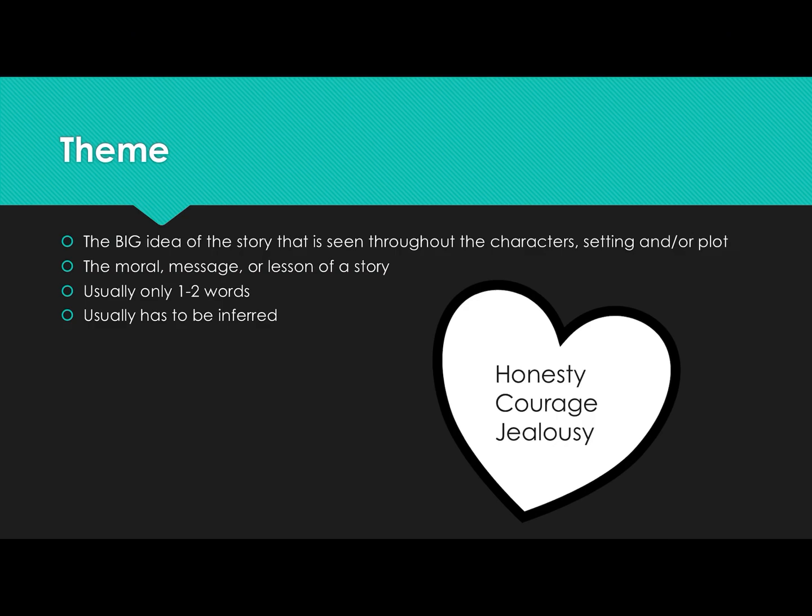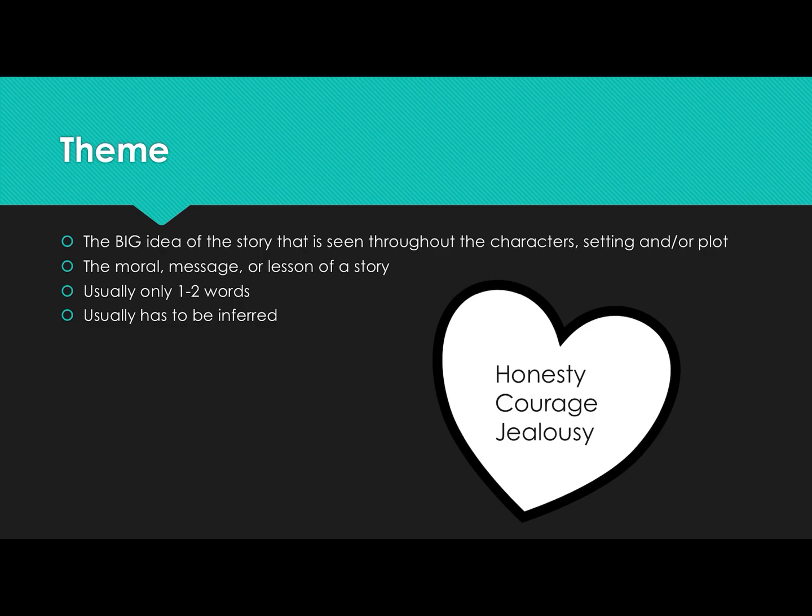But when we're trying to find the theme, we're going to have to use the information from the story and then process it in our brains to be able to understand what the author is trying to teach us. So there might be a story about someone who lied and got in trouble for it, right? And this author wants us to learn to be honest. So it's something that we can apply to our own lives.